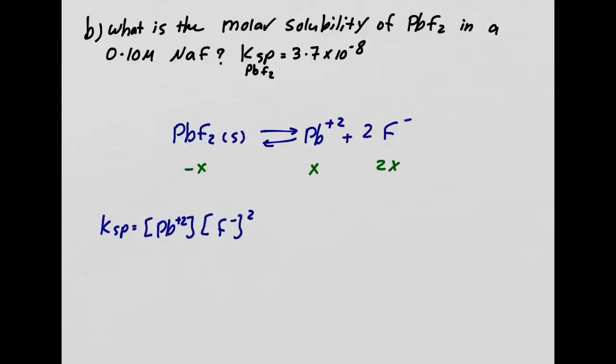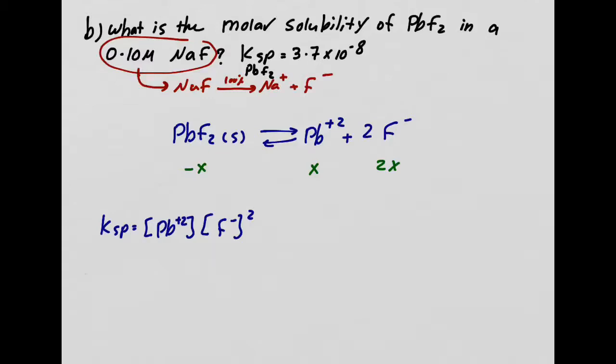Now, the only thing in this question, they ask you that you also have 0.1 molar sodium fluoride in there. You notice because we did it in buffer. When you see that, you go, okay, first of all, sodium fluoride would have 100% dissociation in water, right? To Na plus and F minus.